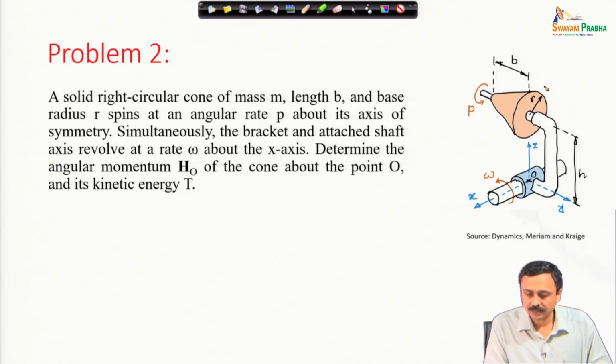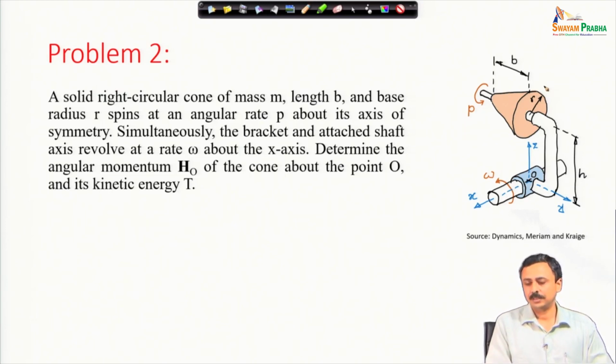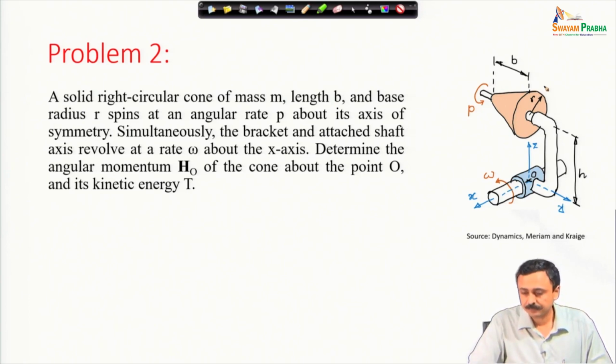Simultaneously, the bracket and attached shaft axis revolve at a rate omega about the x axis. Determine the angular momentum h o of the cone about the point O and its kinetic energy. This is again a problem from Meriam and Craig's book of dynamics. We have to calculate the angular momentum of this cone about O and the kinetic energy.